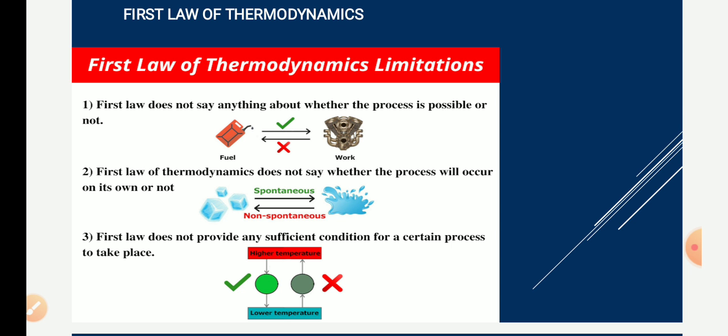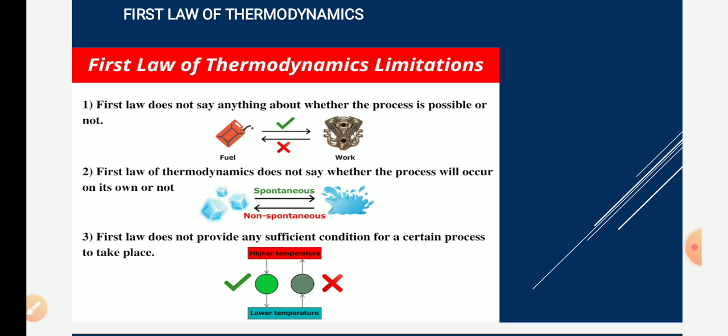And again, it doesn't explain the conditions. For example, heat always flows from high temperature to low temperature, but what about the converse, from cold substances to hot substances? Will the energy transfer or not? Then what happens to the first law of thermodynamics under those conditions? Like this, some processes, phases and conditions are not explained by the first law of thermodynamics.